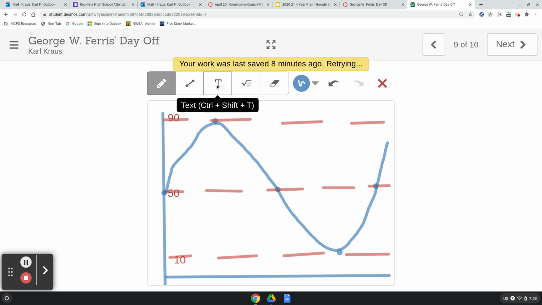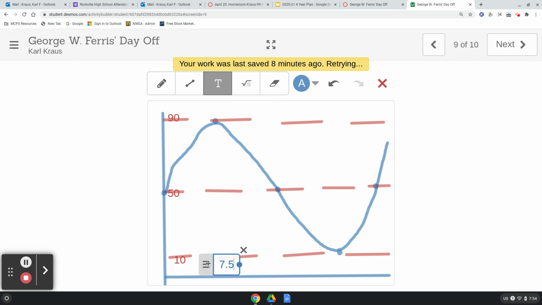So this would be 7.5. 15. 30. And then 15 plus 7.5 would be 22.5.